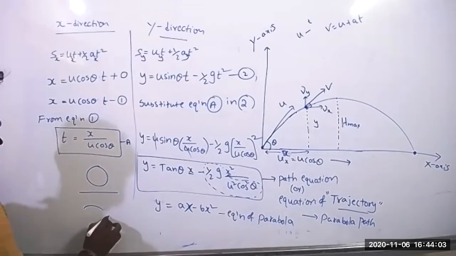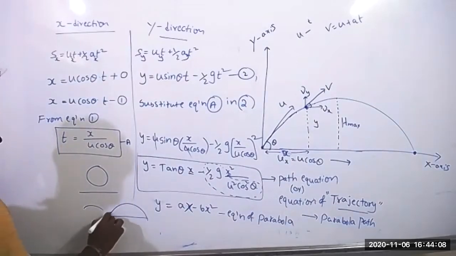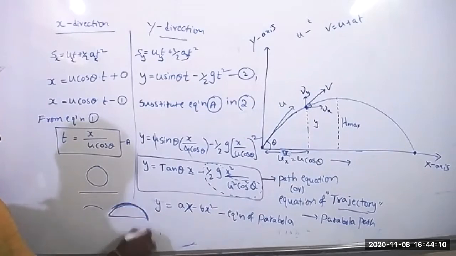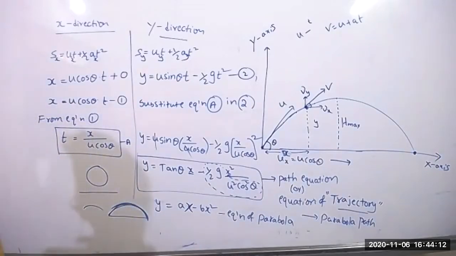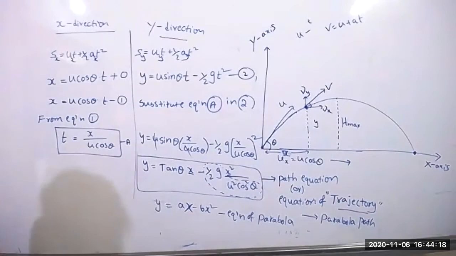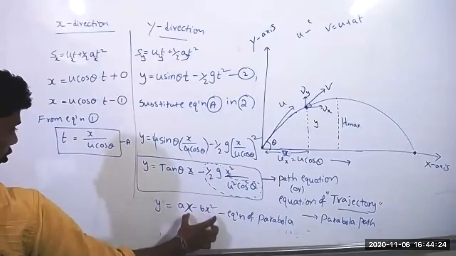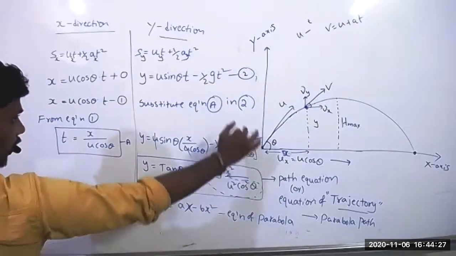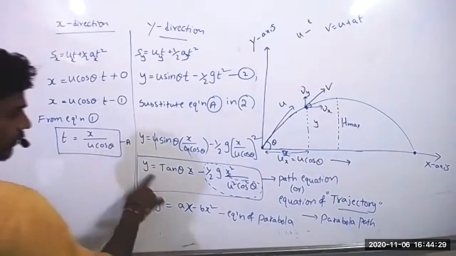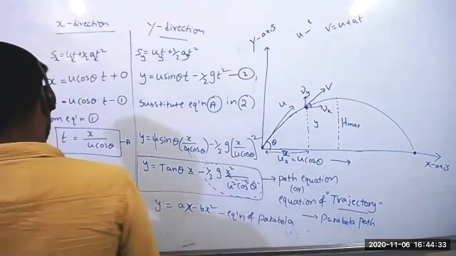It is called a parabola. The parabola path equation is ax minus bx square. When I compare this equation, I got that this path is a parabola. So this equation is called the equation of trajectory or path equation.